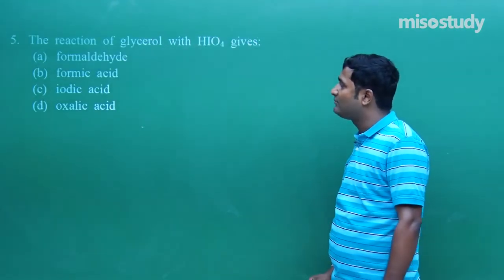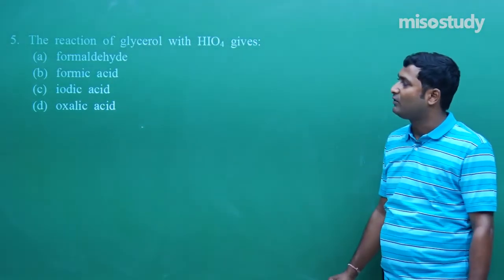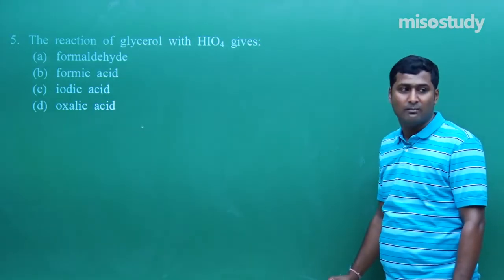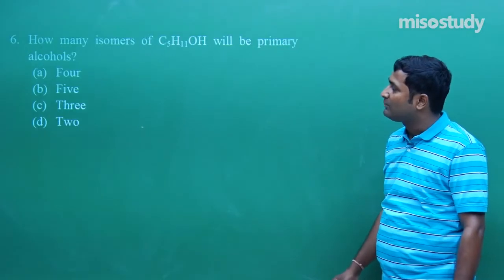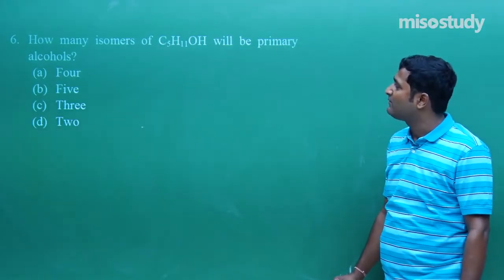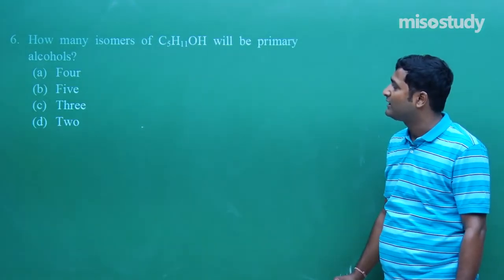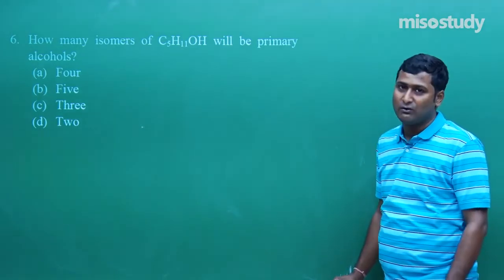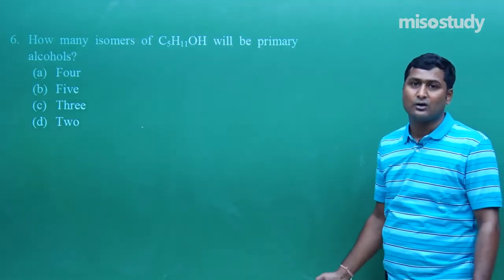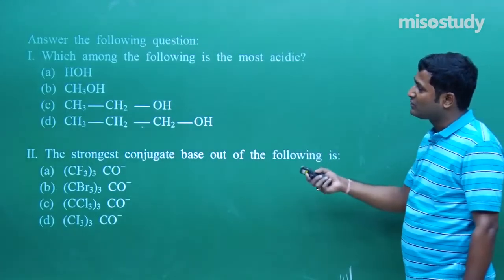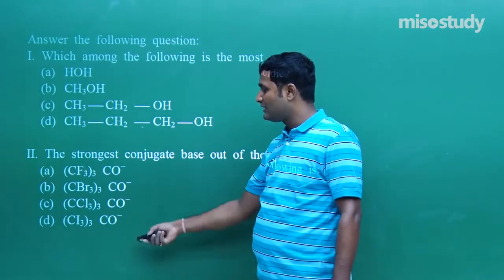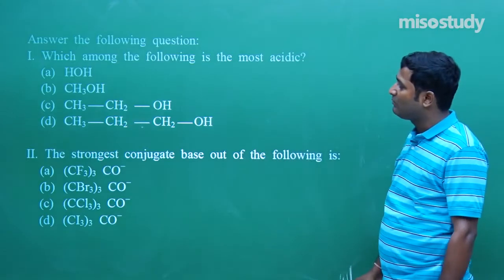For question number 5, the reaction of glycerol with HIO4 gives you formaldehyde, formic acid and iodic acid. A, B and C. For question number 6, how many isomers of C5H11OH will be primary alcohol? That is A. For question number 6, A is the correct option. Now for question number 7, this is a passage type. The first question is A option.